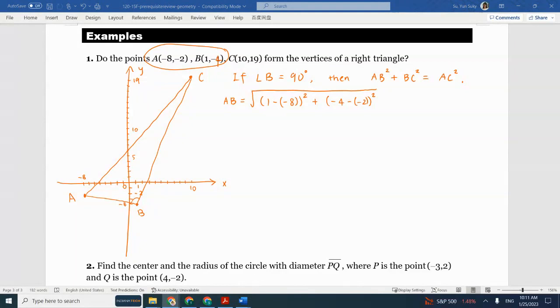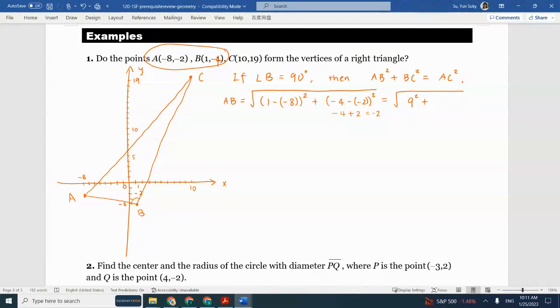1 minus -8 is the same as 1 plus 8. So 1 plus 8 is 9. Okay, so we have 9 squared. Plus, here, -4 minus negative becomes +2. -4 plus 2 is -2. But -2 squared becomes 4.